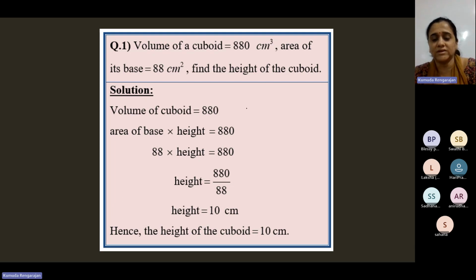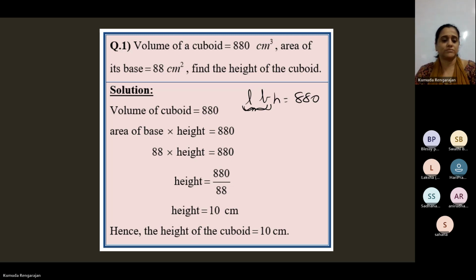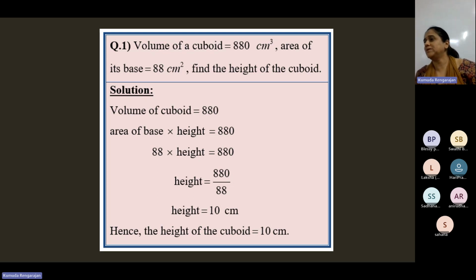See, actually it's like this here. L into B into H, LBH is the volume, is equal to 880. What is L into B? Area of the base. L into B, area of the base, into height is equal to volume.